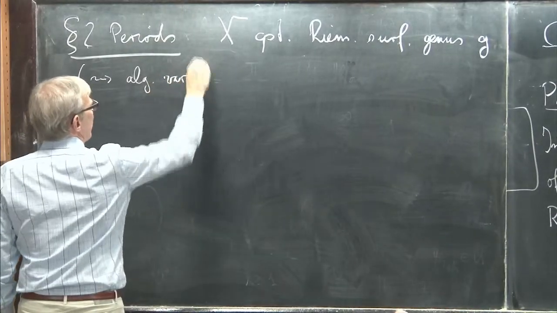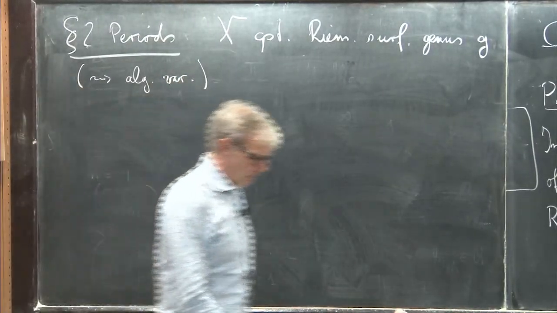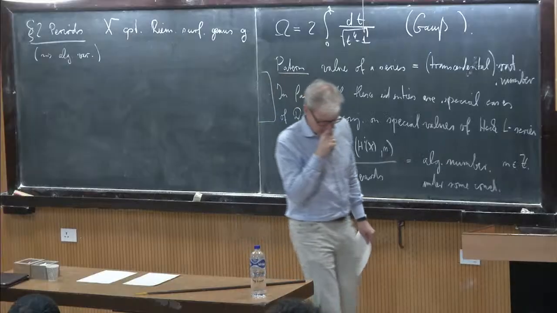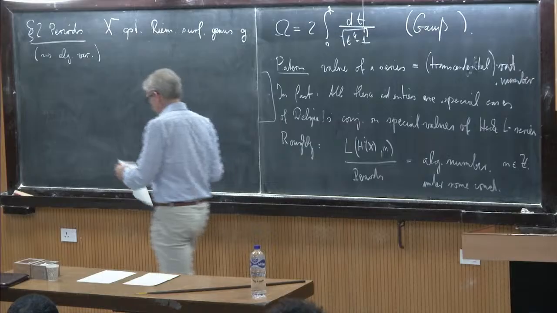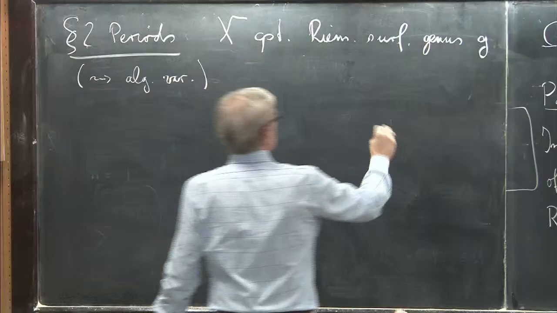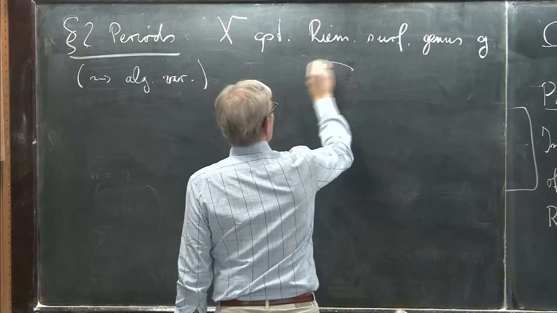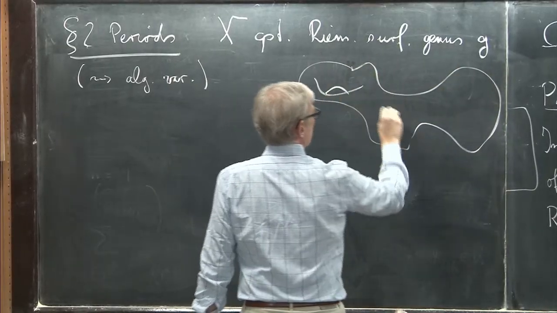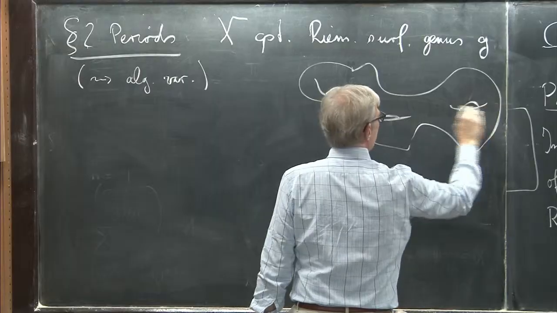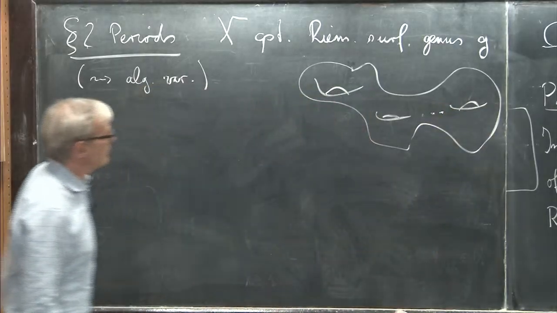So this can be defined locally by polynomial equations. That's a very deep theorem resulting from Riemann-Roch. And so our variety looks like this. Yeah, compact Riemann surfaces have some g holes.